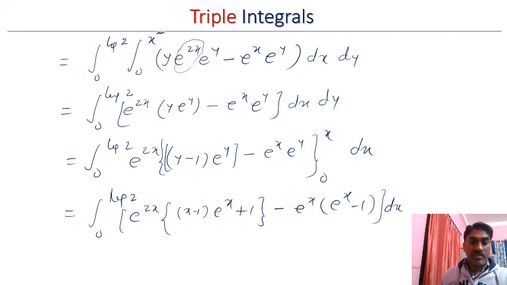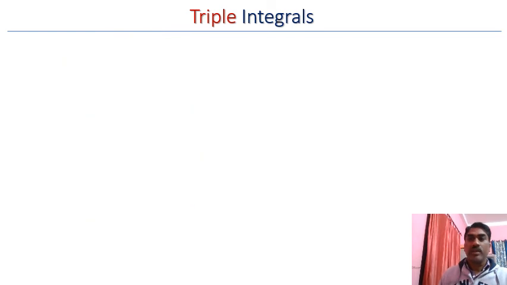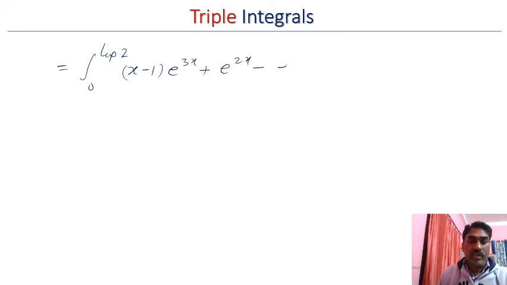Now this appears just in terms of x, so you can simplify it and integrate on your own, because it is just the integral of one variable. We simplify to x minus 1 e to the power 3x plus e to the power 2x minus e to the power 2x plus e to the power x, and the terms e to the power 2x cancel.